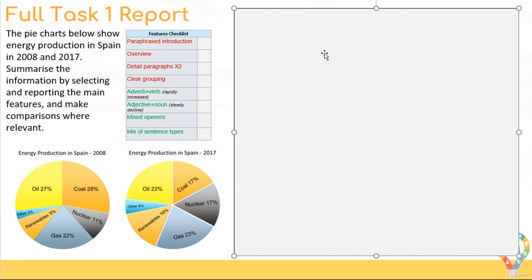So let's begin my introduction paragraph or sentence. The pie charts, I can just keep that the same, as really they only have one name. The pie charts below show, let me try and change the wording of this and paraphrase it.